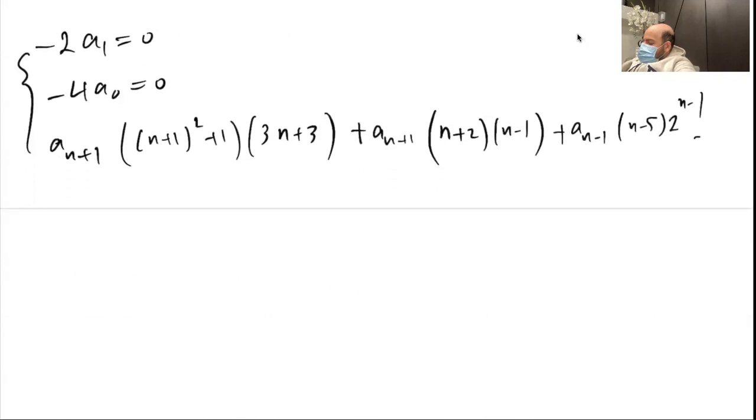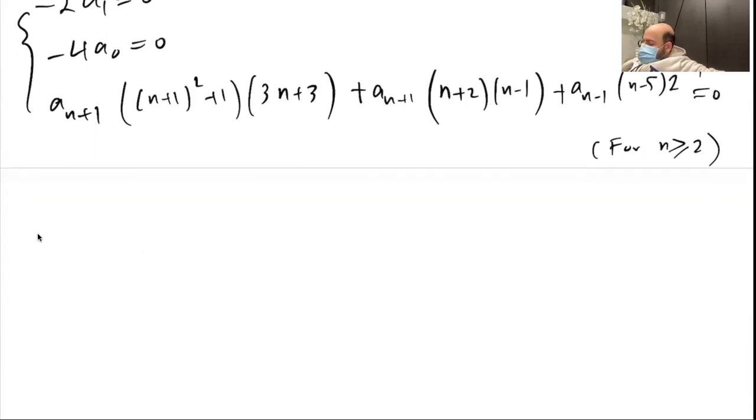This has to be 0, which will be valid for n bigger than or equal to 2. So minus 2a1 equals 0 means a1 is 0. Minus 4a0 is 0 means a0 is 0. So I can say a1 equals a0 equals 0.